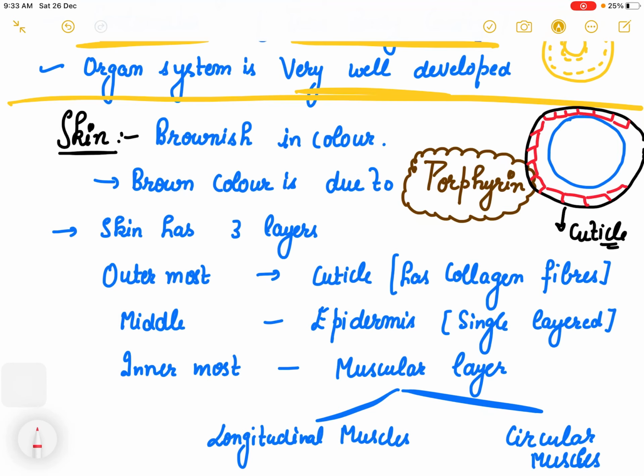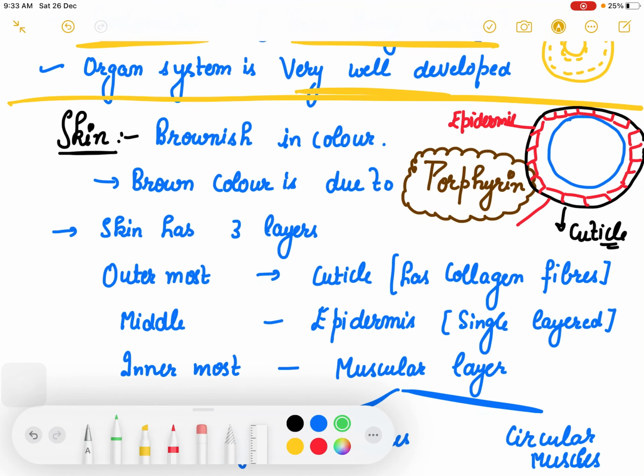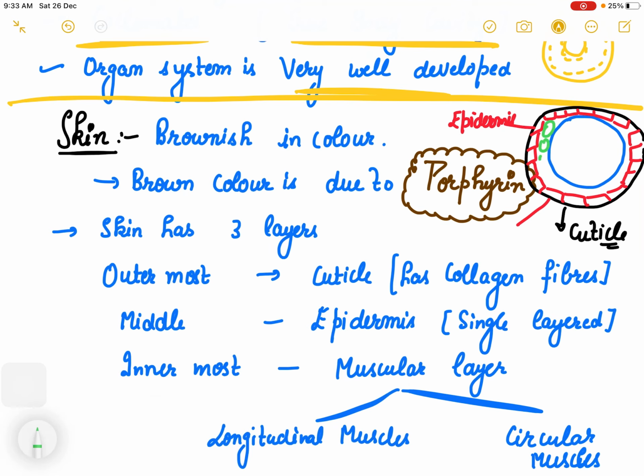So the red one is epidermis, and the black one is our cuticle, and the third layer is longitudinal and circular muscles. These are our muscular layers which help the terrestrial organisms in motion.